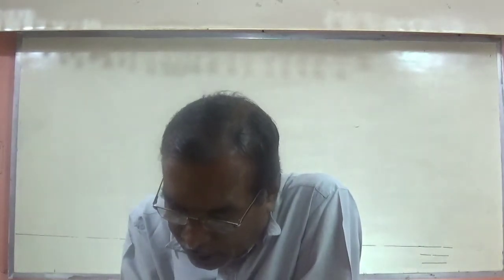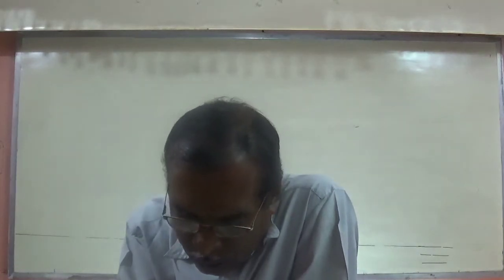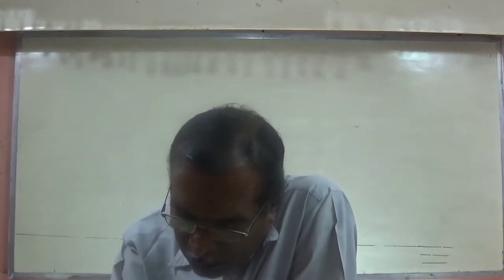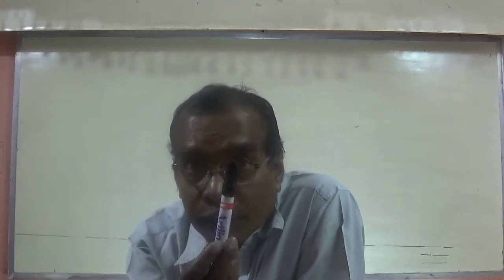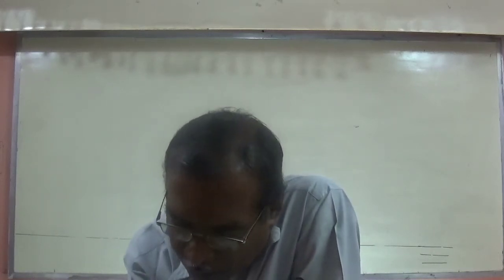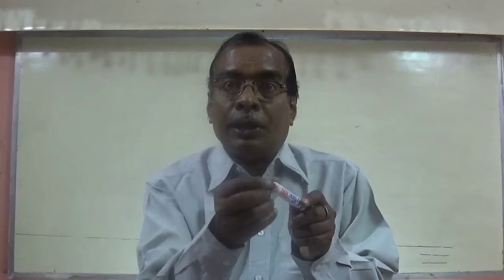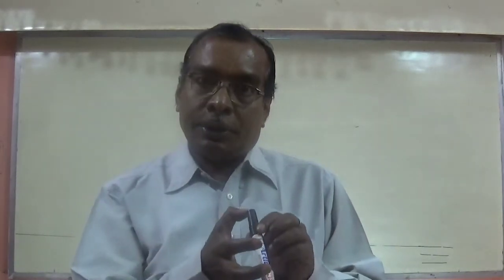So a piece of ductile metal is in the form of a cylinder of diameter 1 centimeter and length 11 centimeter.